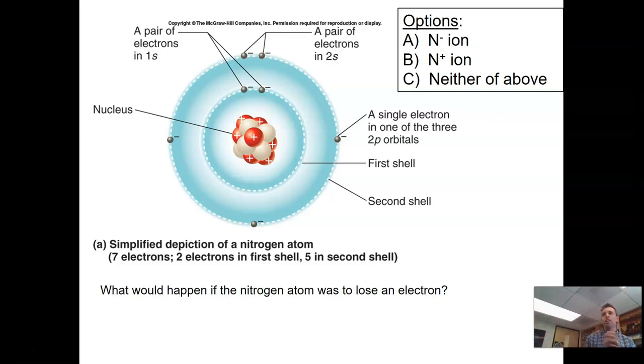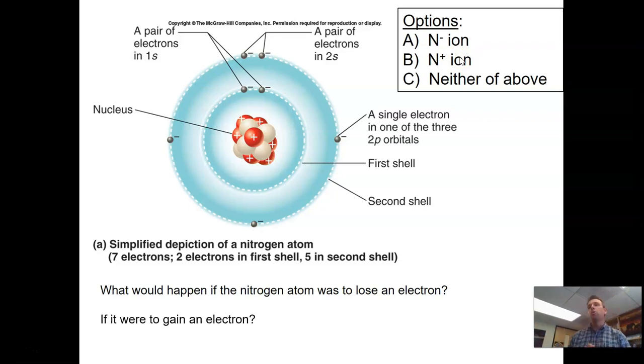So if you lose an electron, you have lost a negative charge. Now we only have 6 negative charges, but we have 7 protons still. So the answer is, if nitrogen loses an electron, it's going to be a positively charged ion. It now has 1 fewer electron than it has protons, which means it has 1 fewer negative charge than it has positive charges.